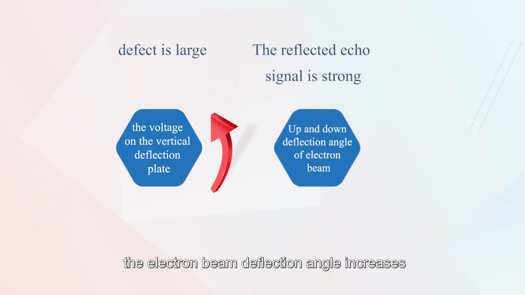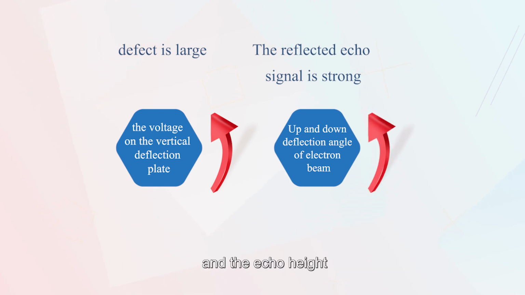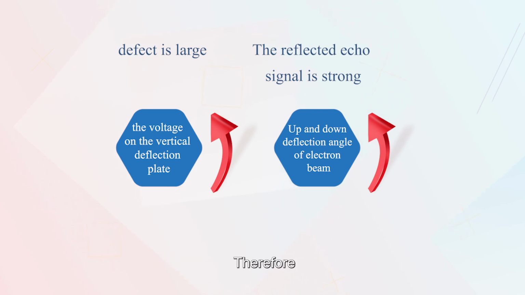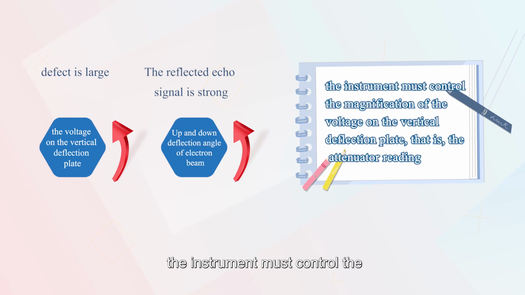The electron beam deflection angle increases, and the echo height on the fluorescent screen will exceed the screen. Therefore, the instrument must control the magnification of the voltage on the vertical deflection plate, that is, the attenuator reading.